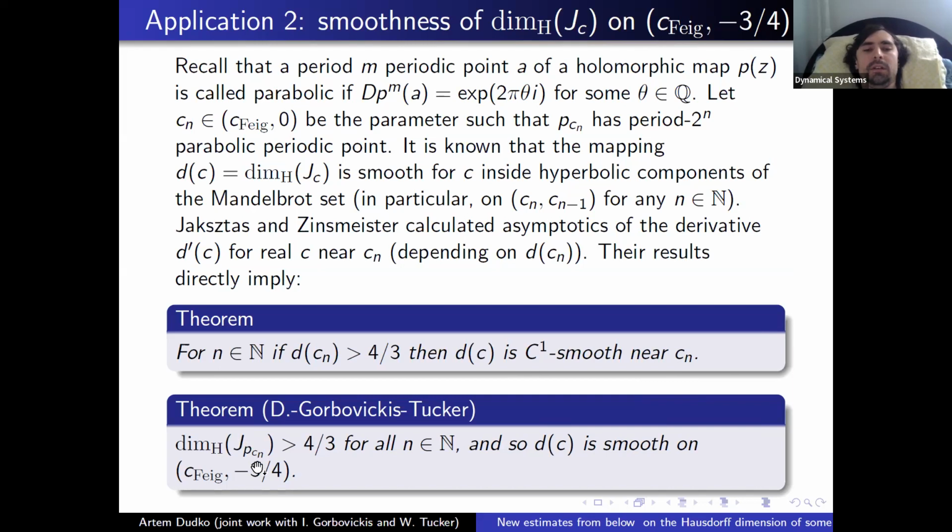We rigorously confirmed that the Hausdorff dimension is indeed greater than 4/3 for all these parameters c_n. And so the Hausdorff dimension is indeed smooth on the whole segment from the Feigenbaum parameter, -1.4 something, to -3/4. So this is the second application.